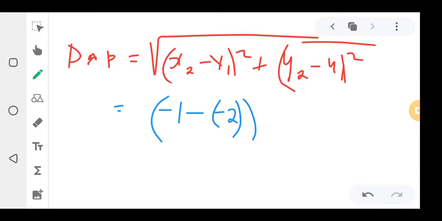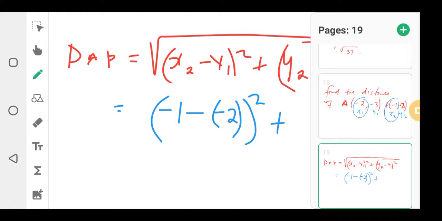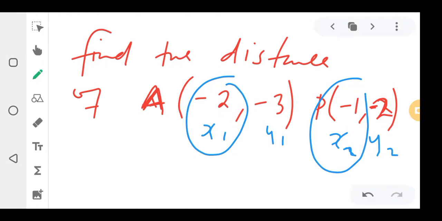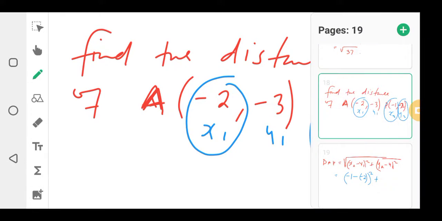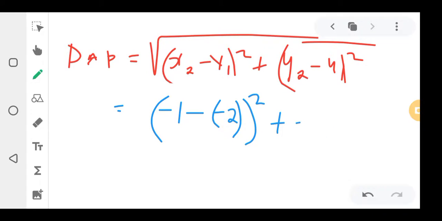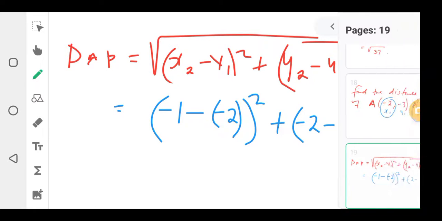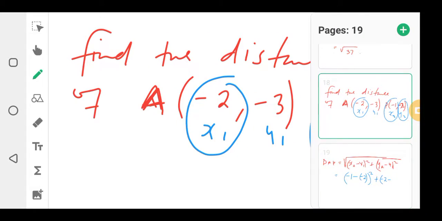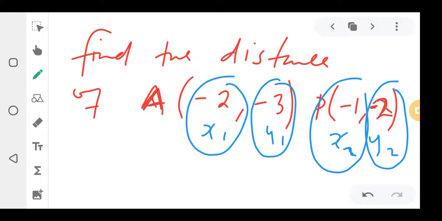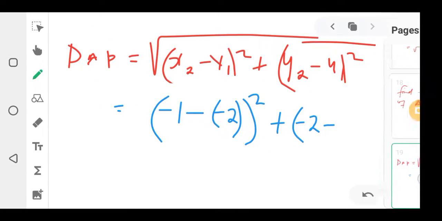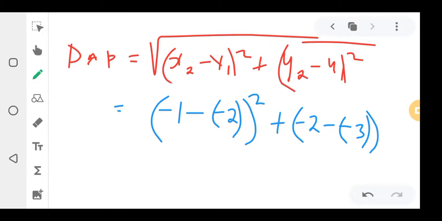And then in brackets, squared, plus, what is my y2? My y2 is negative 2, so where there is y2, I put negative 2, minus, in brackets, y1, which is negative 3, close bracket squared.